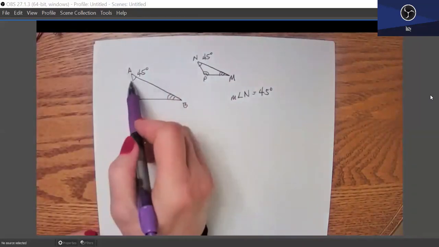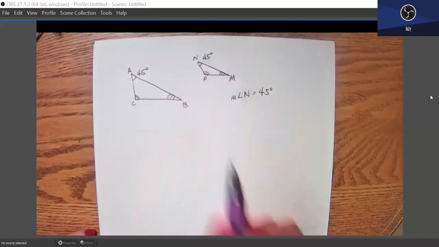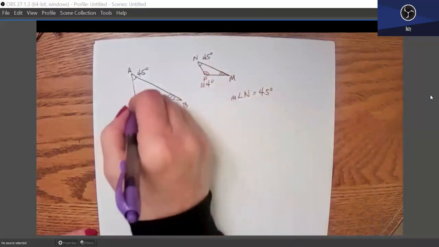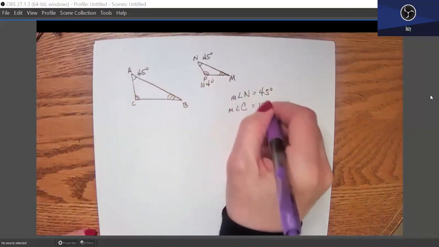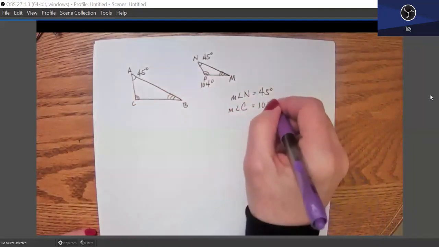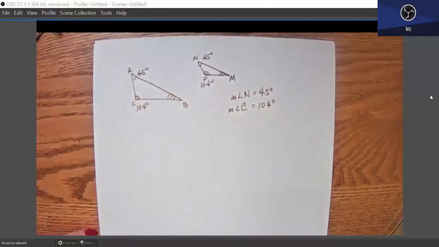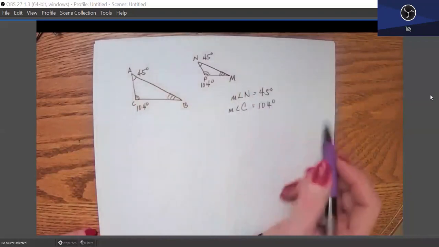So if angle A is 45 degrees, angle N must also be 45 degrees. If angle P is 104 degrees, that must mean the measure of angle C is also 104 degrees because they're corresponding. And the measure of angle B and the measure of angle M are going to be equal.